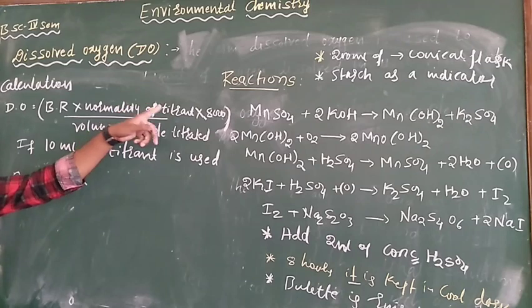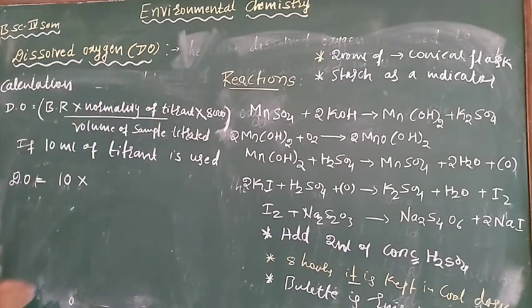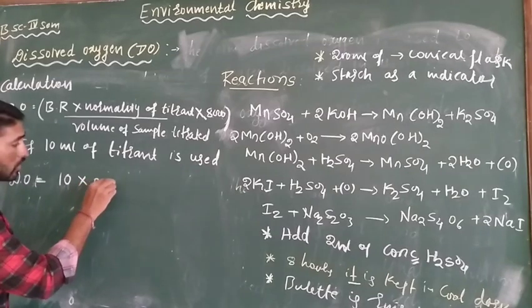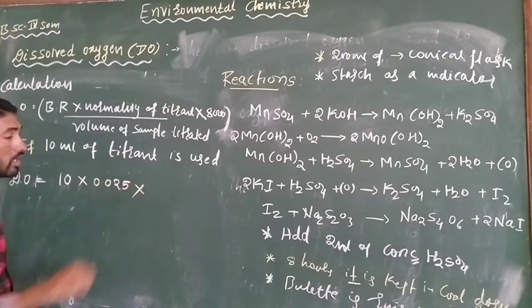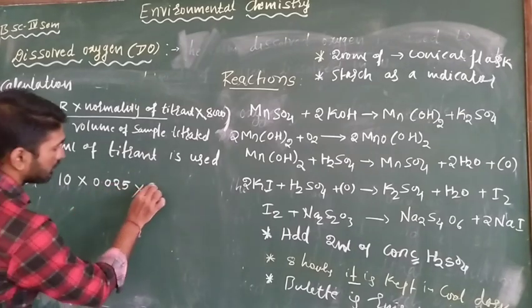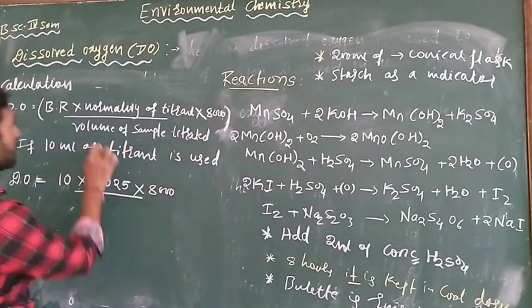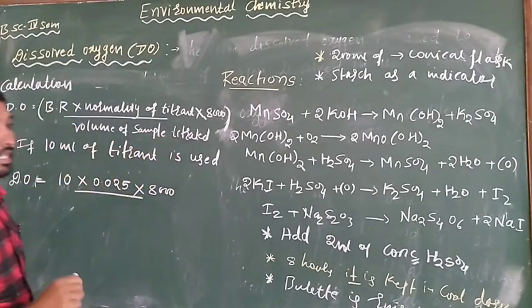That is why we used standard thiosulfate solution, 0.025, times 8000, divided by the volume of sample titrated.